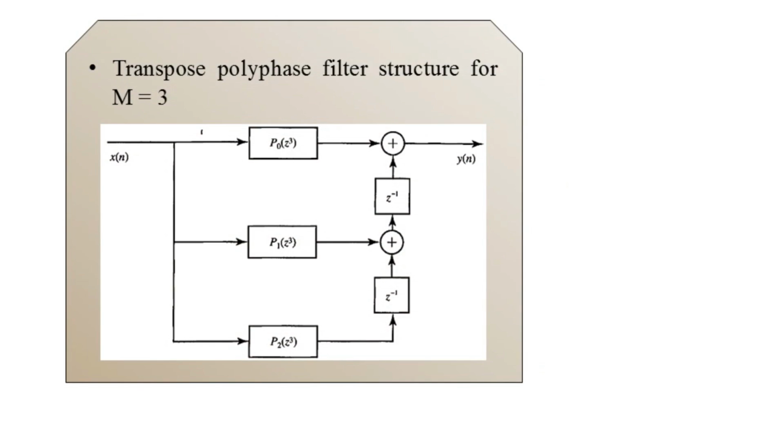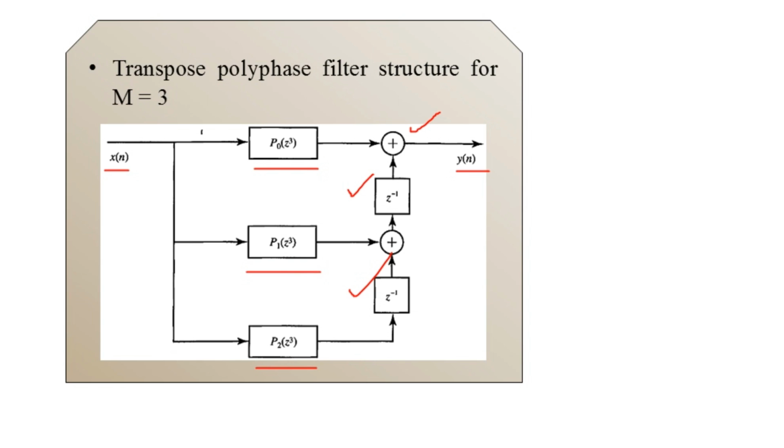We visualize x of n and y of n obviously at the same stage, and first of all we have the functions denoted P0 of z cube, P1 of z cube, P2 of z cube. Then further, with the help of the delays z inverse added to the summation operations. So this is the transpose polyphase filter structure.